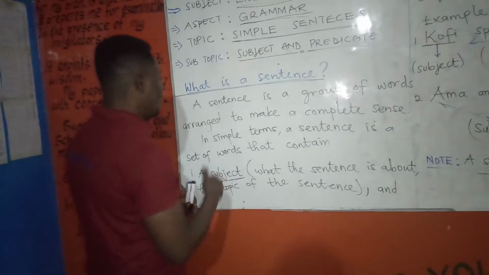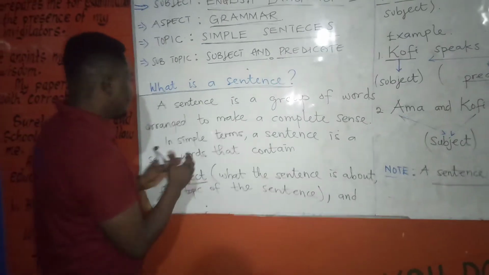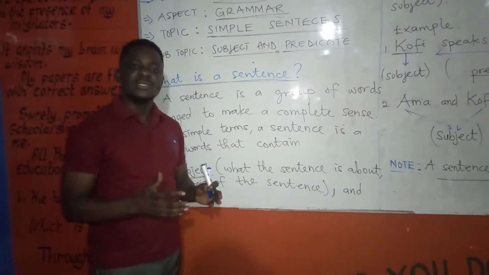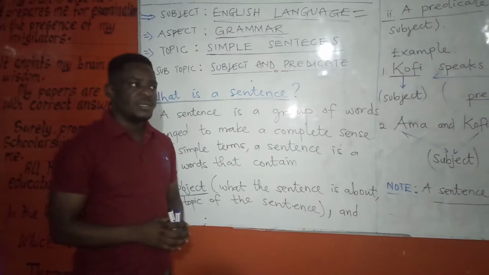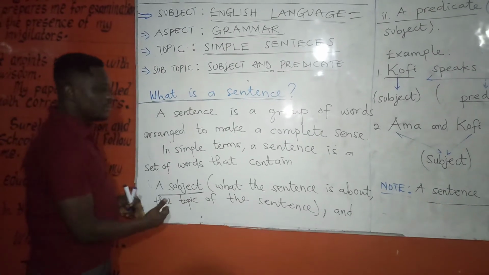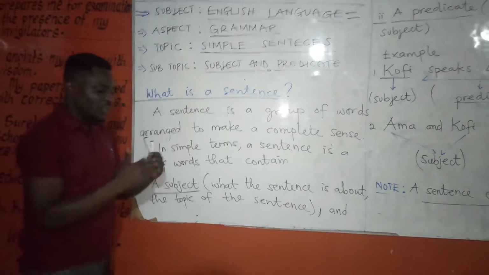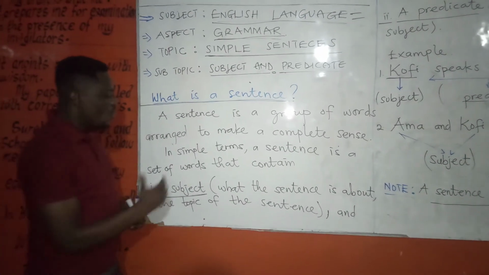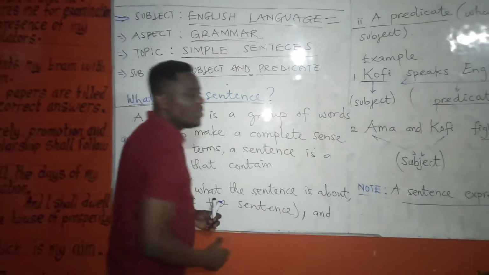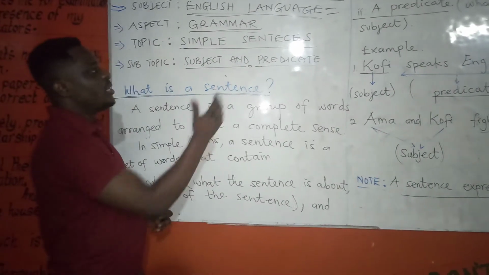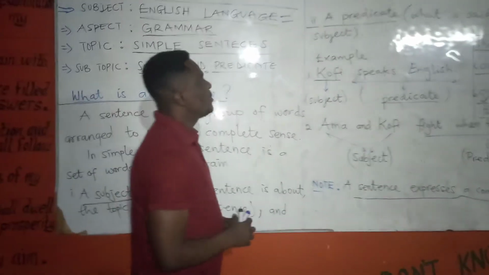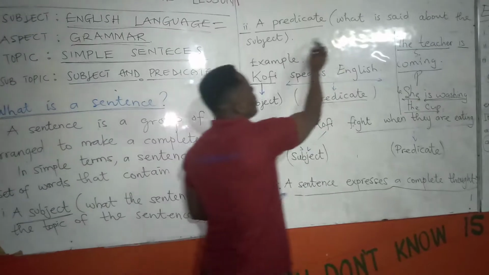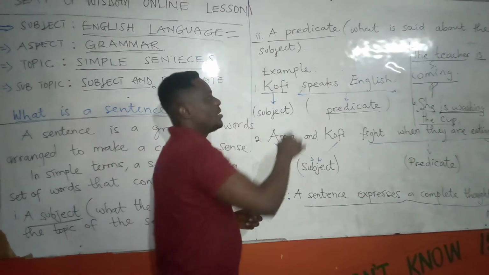And I went further to say that a sentence contains a subject and a predicate. Where subject means the doer or the performer of an action, in simple terms, what the sentence is all about. And predicate, as we have stated earlier on, is what is said about the subject.